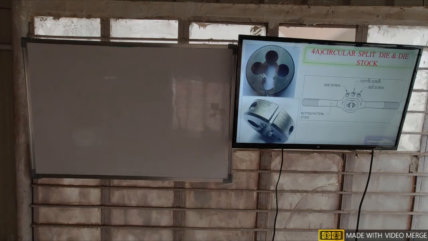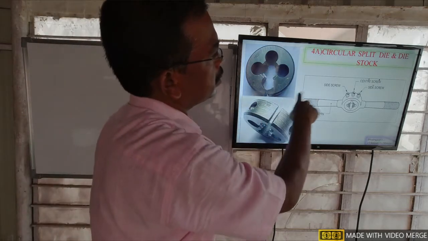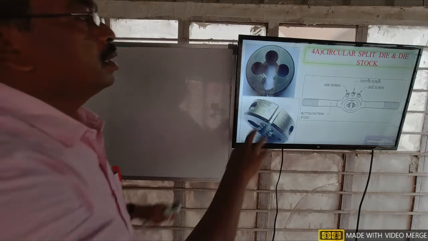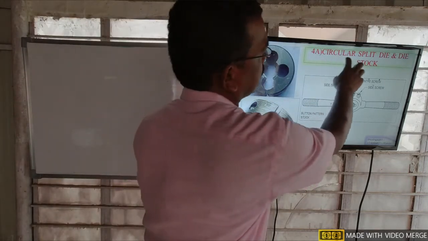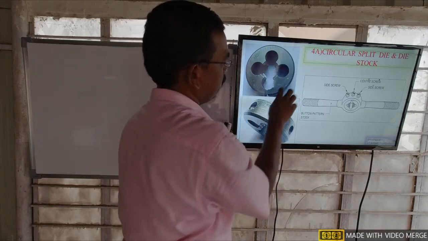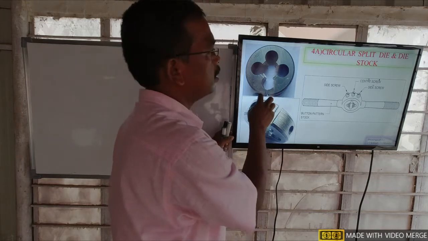So this is the first die and die stock. See, this is the circular split die and die stock. Why are we calling this circular? See here, the shape of this die is circular, or round shape. Therefore, it is called circular.